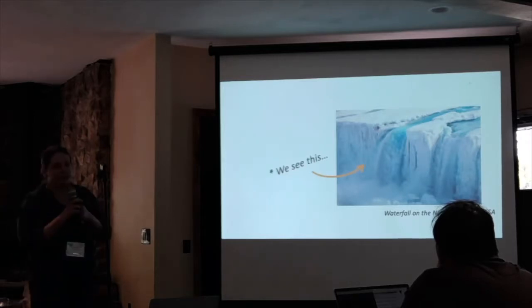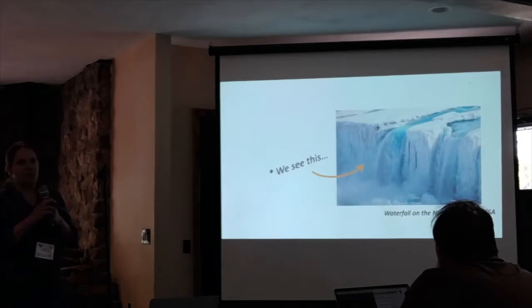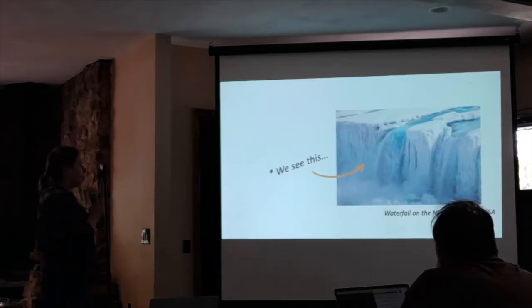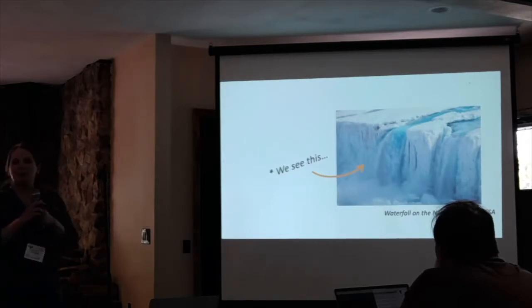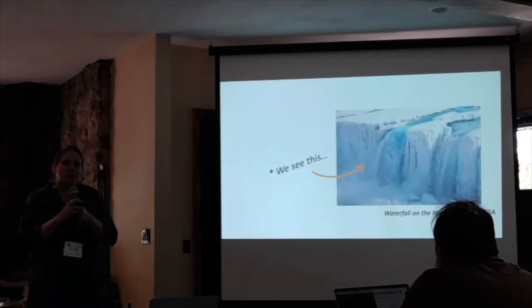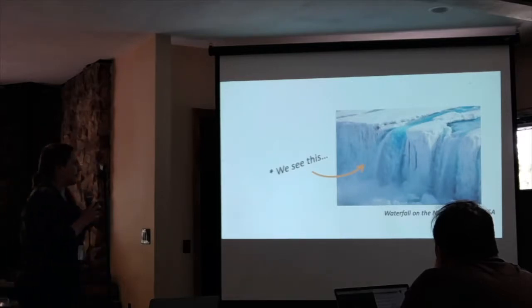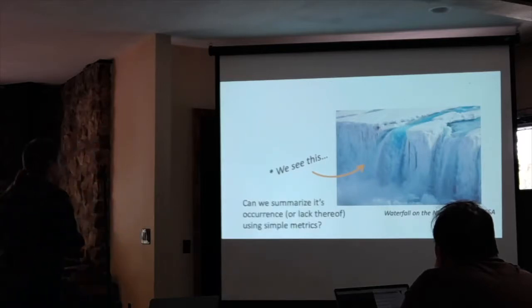I should start with the caveat that we see these amazing images of water falling off, and I'm going to be living mainly in ideal model space where we do not necessarily have representation of all the adequate processes. So just bear with me a little bit about that, but I do understand that this is a much more complicated problem than I'm necessarily presenting.